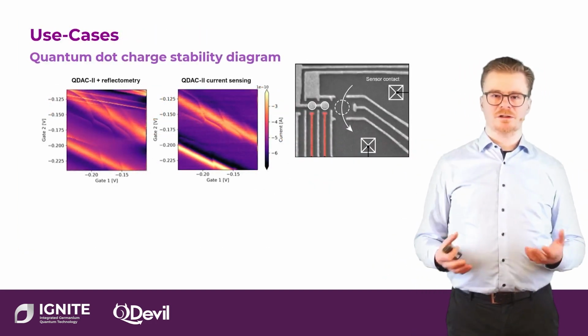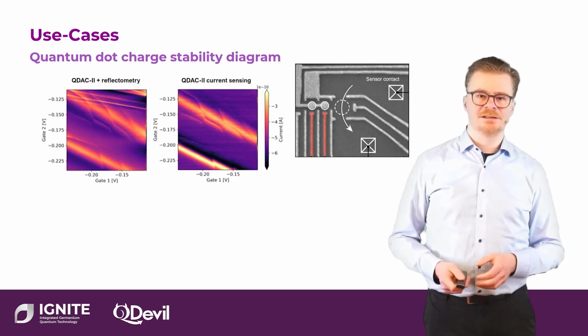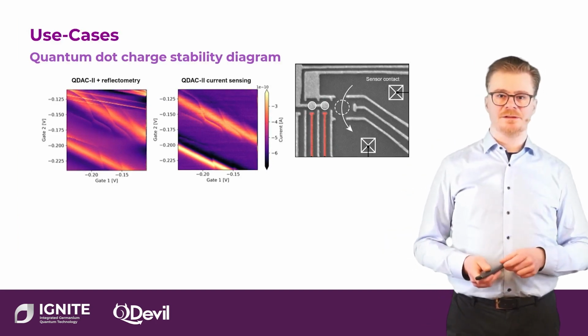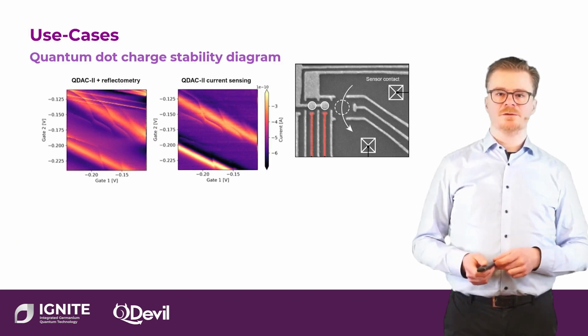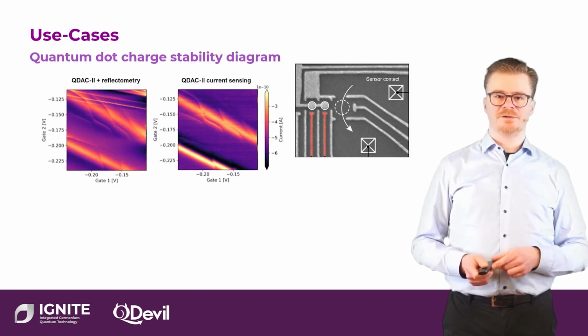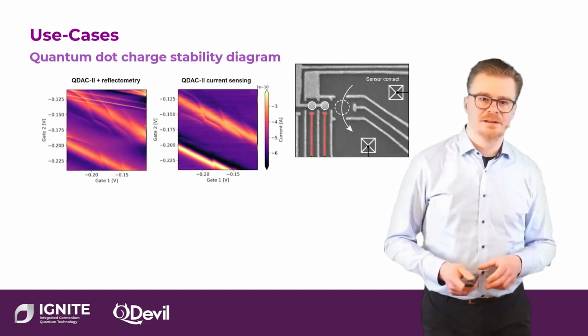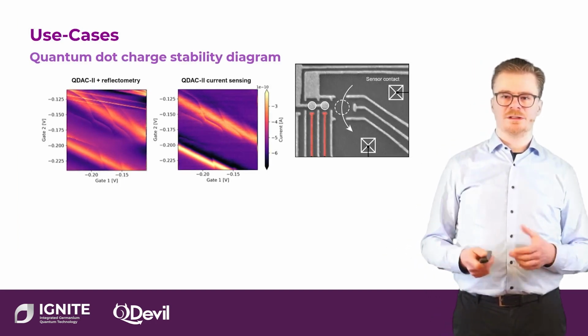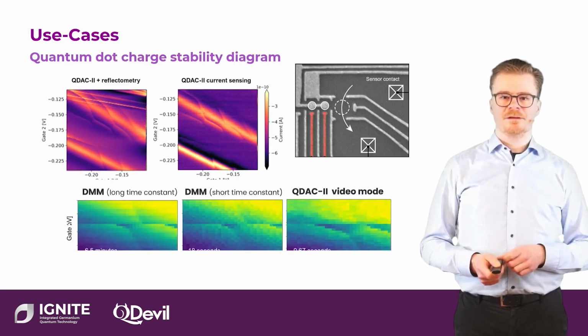Quantum dot charge stability diagrams can be traced out. Here you can see that by utilizing the current sensing, we can get quality plots that resemble the ones that we can get from RF reflectometry on sensor dots.